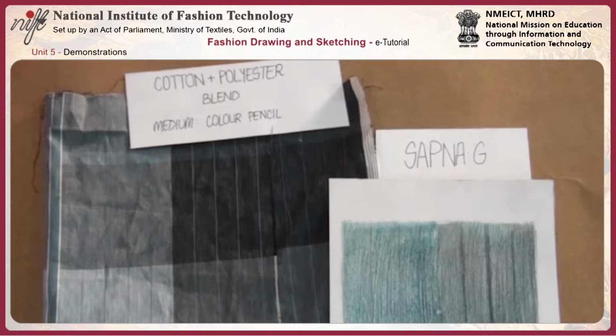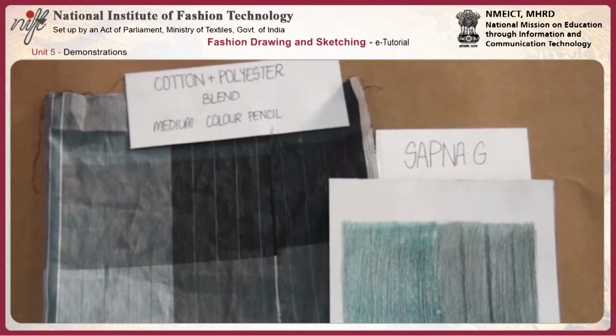You can see a combination of blue, blue plus white, blue plus black, and so on. So here the illustrator has applied blue color pencil as ground, on top of which the illustrator has applied various shades of black.